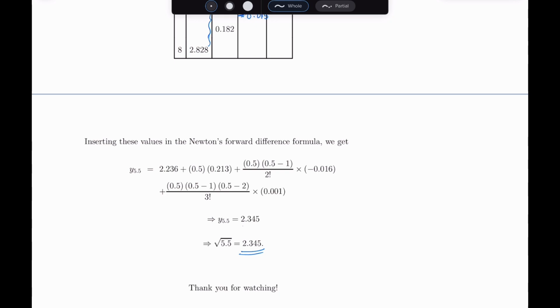If you put these values and simplify it, this gives you the value of y 5.5, or this is your root over 5.5. This root over 5.5 is 2.345. So this is how we solve the problem.